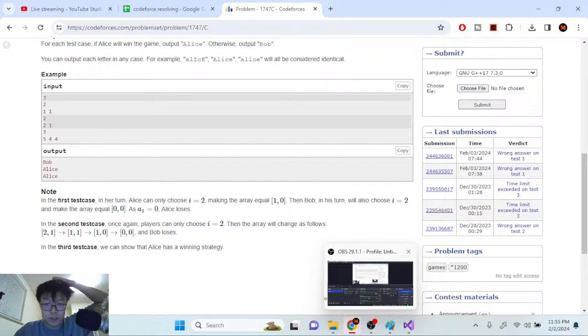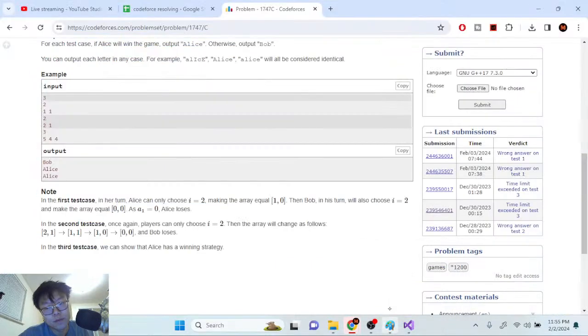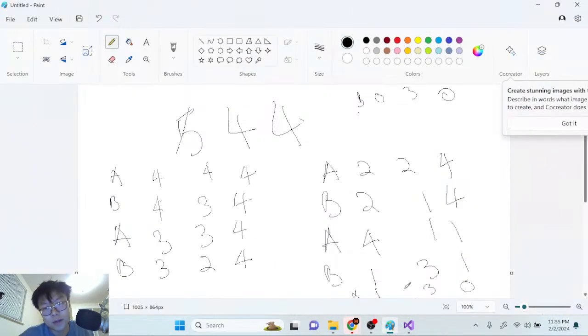Then Bob, in his turn, chooses i equal to 2, which makes the array 0, 0. After that it's Alice's turn, though. So here, it's Alice's turn and it's 0, 0, so Alice loses and Bob wins.